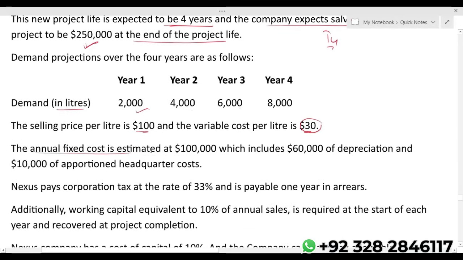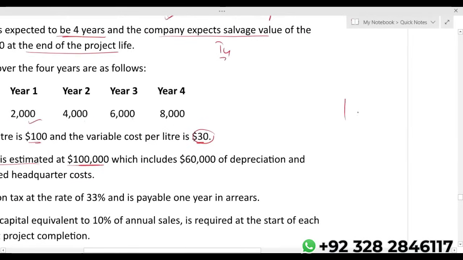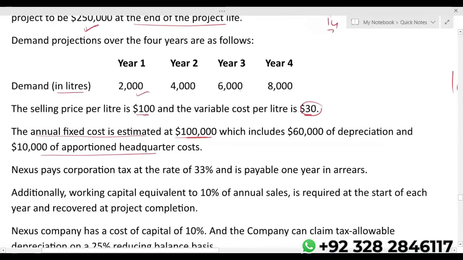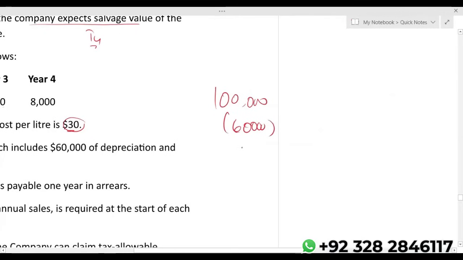The annual fixed cost is estimated at 100,000, which will include 60,000 of depreciation. So out of this 1 lakh, I will deduct the 60,000, irrelevant because depreciation is not a cash outflow. And 10,000 apportioned overheads. Apportionment, if you recall, I said many times in my regular classes, apportioned overheads, allocated overheads, even ABC allocation, all are irrelevant. So we are left with 30,000.